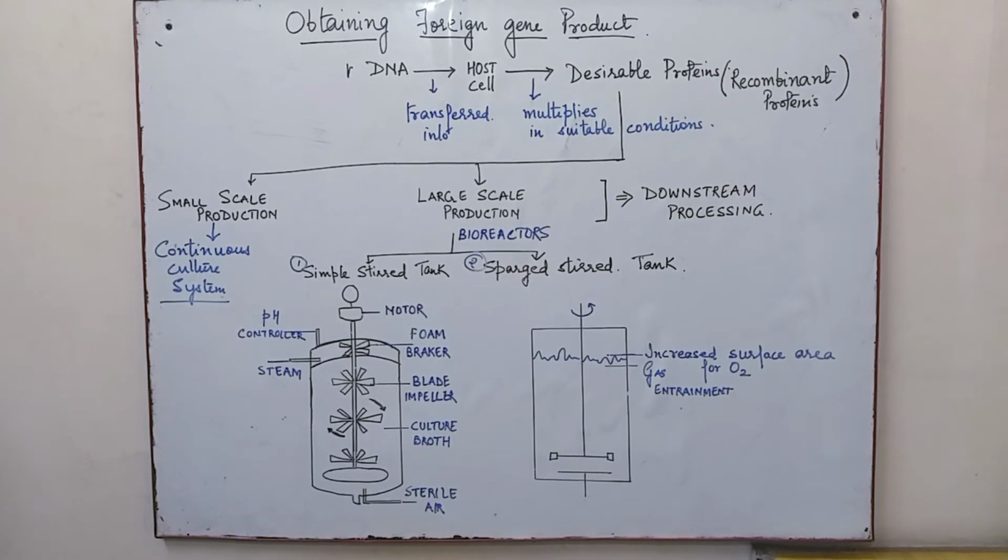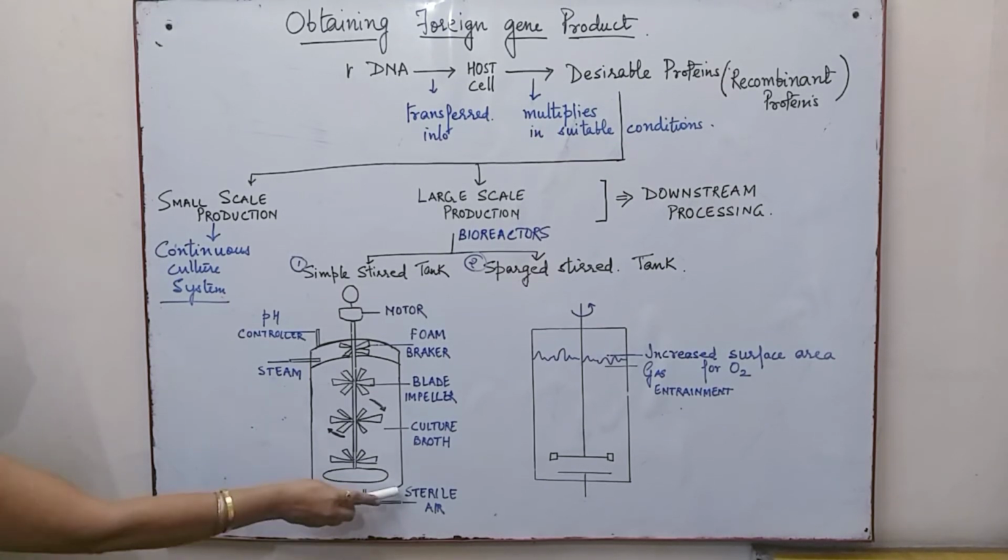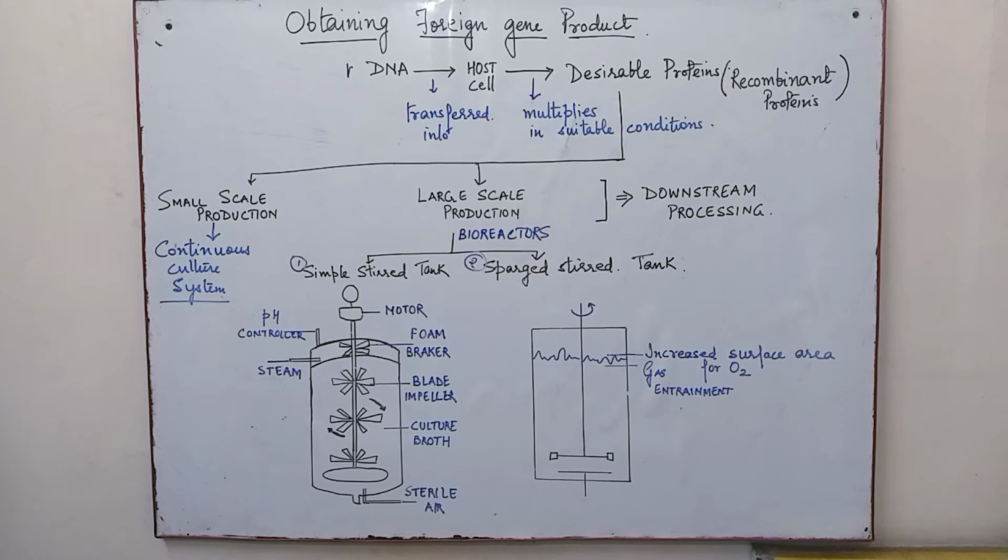Now the simple stirred tank bioreactor is cylindrical, as you can see over here, and it has a curved base. You can see in the diagram, this curved base provides easy mixing of the contents of the bioreactor. Now it has a system for agitation.